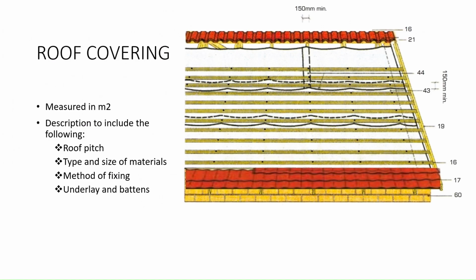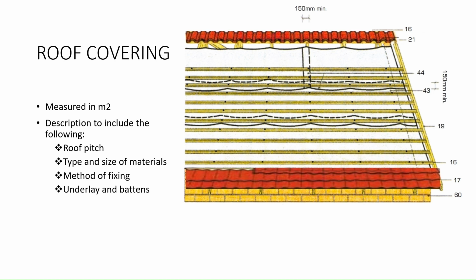Now, the first item we are going to measure is the actual roof covering. And as per the standard system, roof tiling is measured in square meters for the surface area of the roof, and this will include the projections over the eaves gutters. As you would have seen in the previous slide, our roof covering projects slightly into our gutters, all right?